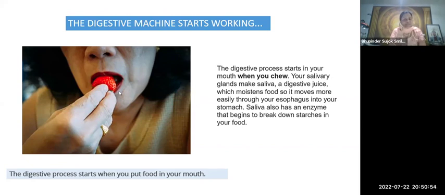So the digestive process starts in your mouth when you chew food. Your salivary gland makes saliva, a digestive juice which moistens food so it moves more easily through your esophagus into your stomach. Saliva also has an enzyme that begins to break down starches in your food.